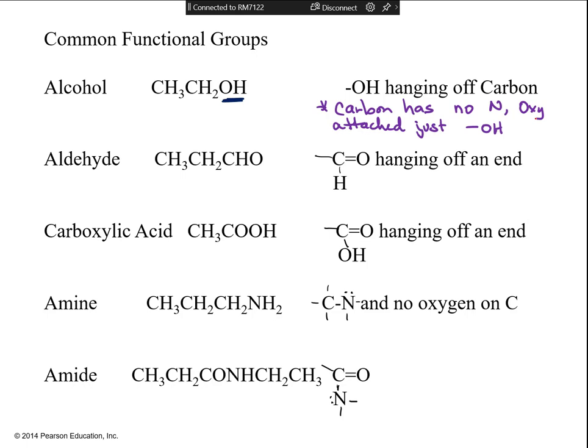So we could have this one, which is ethanol, so ethyl alcohol. You could also have this OH hanging off the middle. So it's not necessarily just on an end.